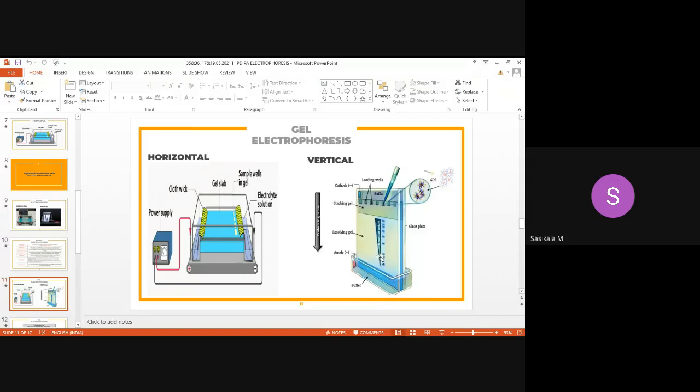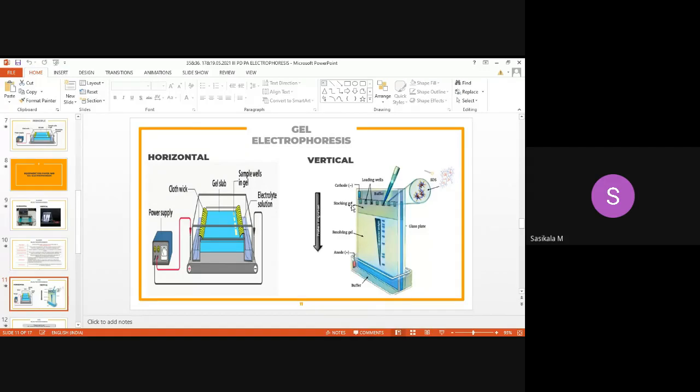Here you can find two gels, a stacking gel and a resolving gel. Stacking gel arranges all the proteins or samples to move in a uniform way.